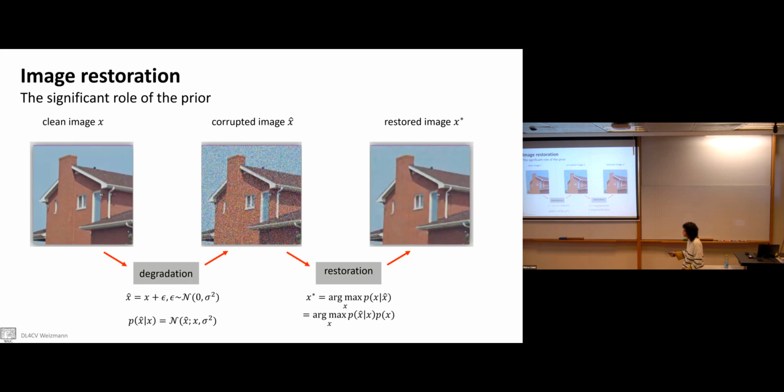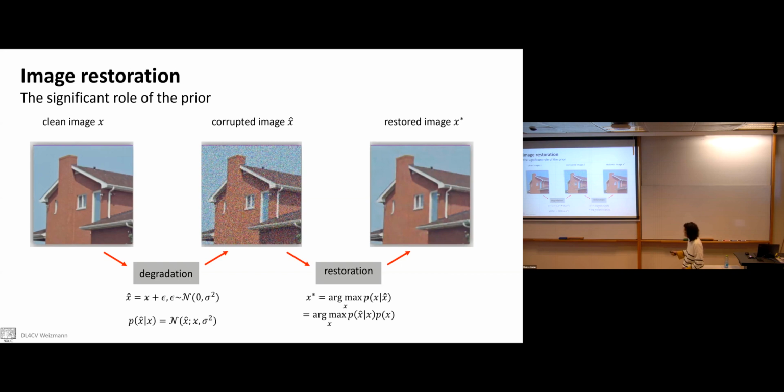I just know the distribution, for example, a normal distribution with variance sigma squared. So P of X bar given X is going to be with mean X, which I don't know, and sigma squared variance. Is this clear?